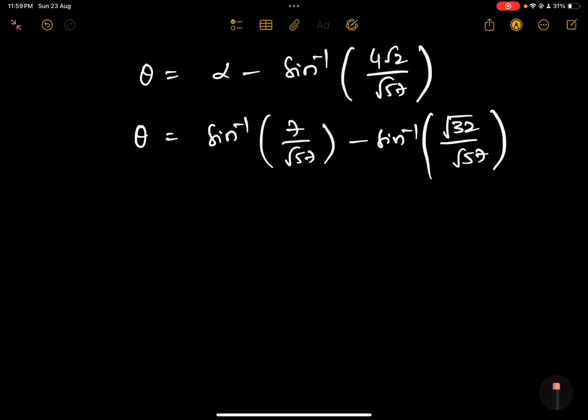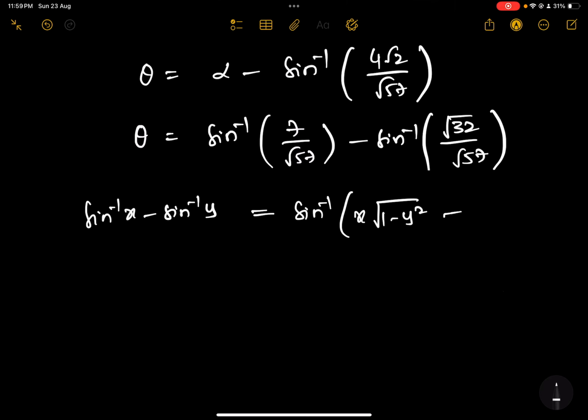So here you can apply the sine inverse x minus sine inverse y formula. That will be simply sine inverse of x root 1 minus y square minus y root 1 minus x square. So this is what you get.